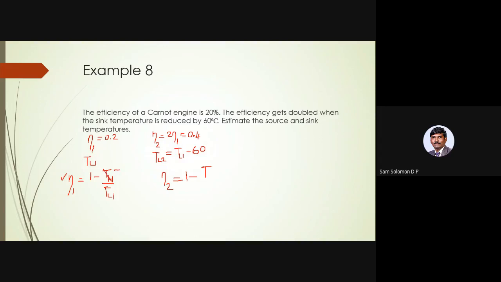This is supposed to be TL1 by TH. If you write this equation, you know the value of eta 1, so you will get a TL1 and TH equation. Eta 2 is 1 minus T2 by T1, so 1 minus TL2 by TH. And TL2 is nothing but TL1 minus 60, whole divided by TH. I know the value of eta 2.